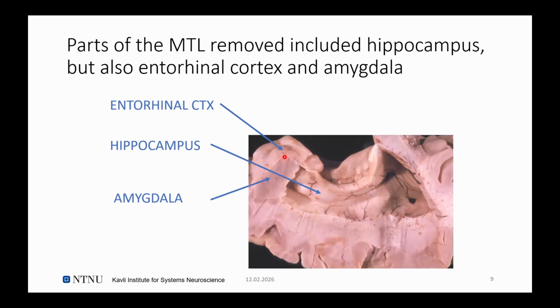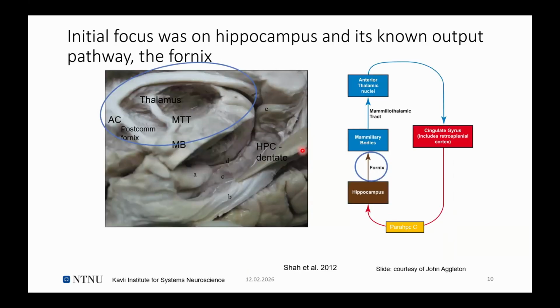So either one of those three structures or the three structures together would be important for memory. And that very quickly led to the idea, going back to the fornix being the main output of the hippocampus into the mammillary body, that probably the fornix would be as crucial as the hippocampus for memory.